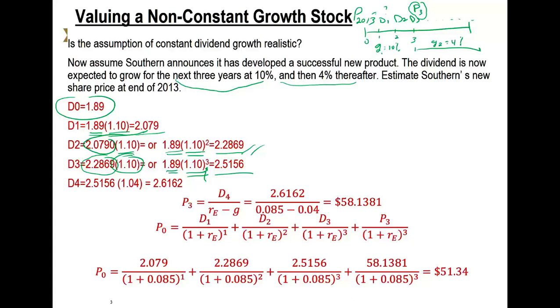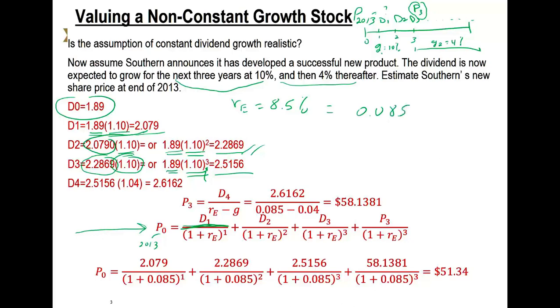If you think about the price of a stock, the price today, and remember today for us is 2013, it's just taking D1 and discounting it at our discount rate. Now, what is our discount rate? Remember from the previous problem that our discount rate was 8.5%, in decimal form like this.